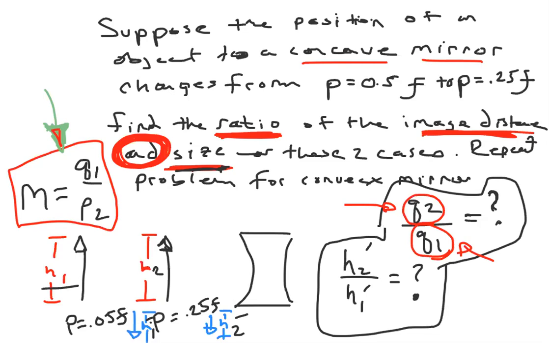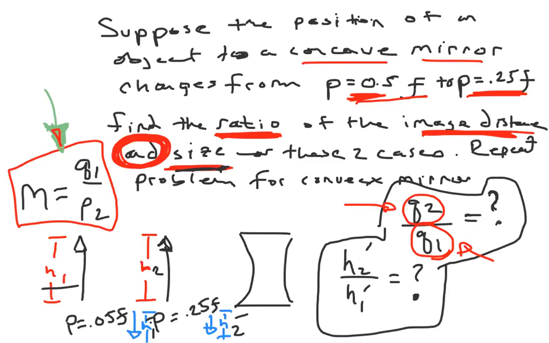Okay. And so this is what you should do. You should write these questions down. Lauren, we're just solving this question. I'll read it for you real quick and then we'll get back into it. It says, suppose the position of an object to a concave mirror changes from this P, which is object distance, right? It's 1/2 the focal point. And then when we change the position, the object distance, it gets essentially closer, right?